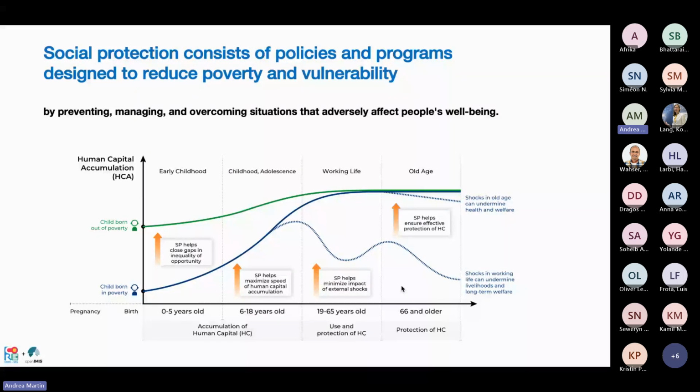So we see the dotted blue line that shows that the path might actually not be one of accumulation, but might be a situation in which the person starts being affected by different shocks. So in order to minimize the shocks and to support the person throughout life, then social protection comes in.